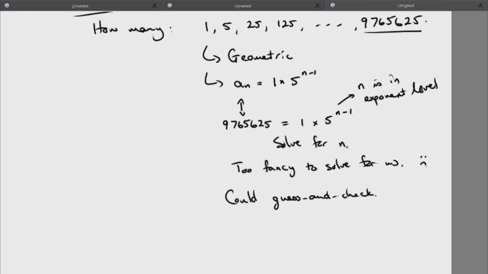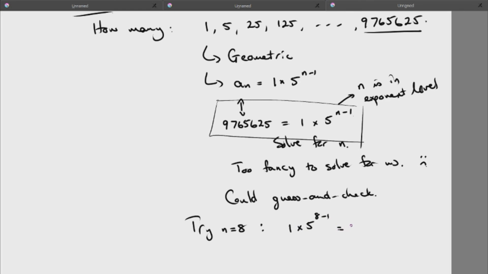Which means I could try some values of n in this equation and see if I get the target number I'm looking for. So maybe let's try n equal to 8. That means I then calculate 1 times 5 to the 8 minus 1, that'll just be 5 to the 7. And see, how close do I get?